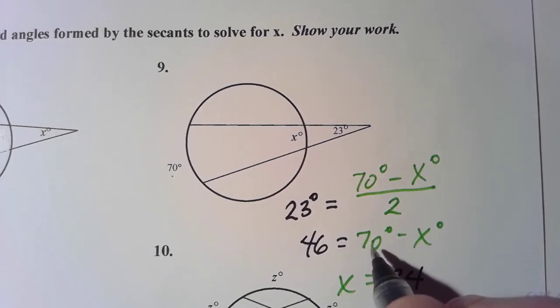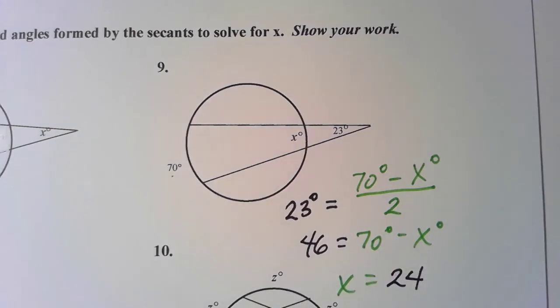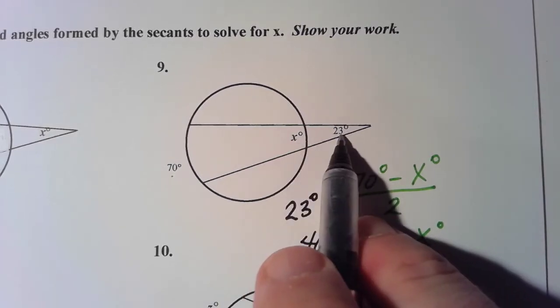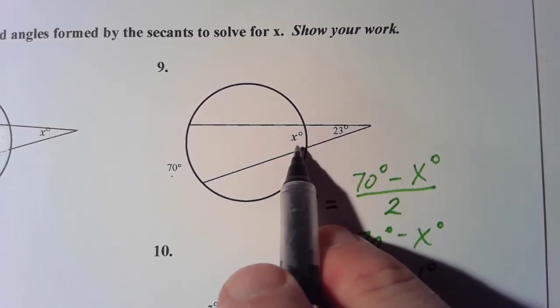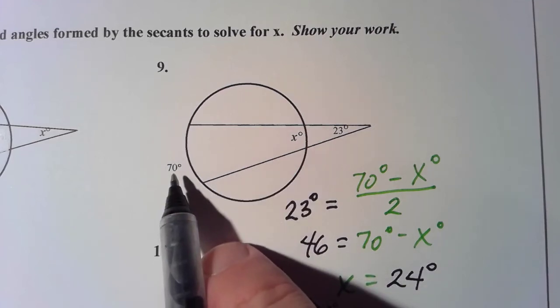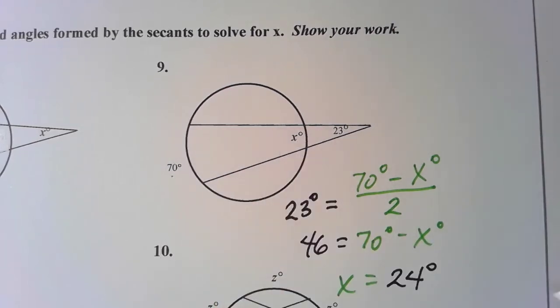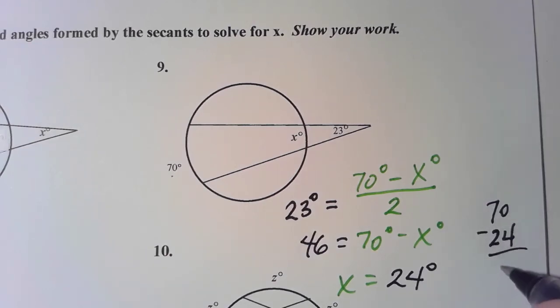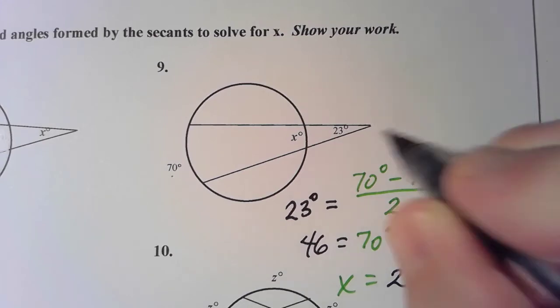That's 70 minus 46. And see how that's a little guy? Now, we can't really tell from that 23 and 24 are the same, but let's try it backwards. 70 minus 24, subtract the arcs. Sure enough, we get 46, divide by 2, and we get our angle of 23 degrees.